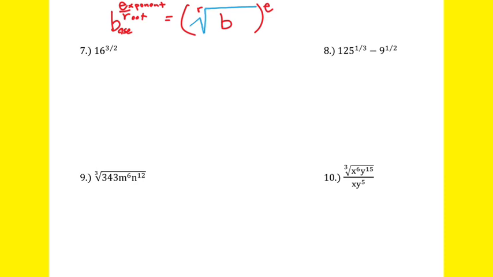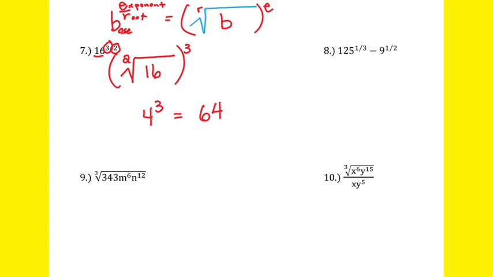So 16 is our base, 2 is our root, and to the 3rd power. So the square root or second root of 16 is 4, and 4 to the 3rd power is 64. Completely simplified.